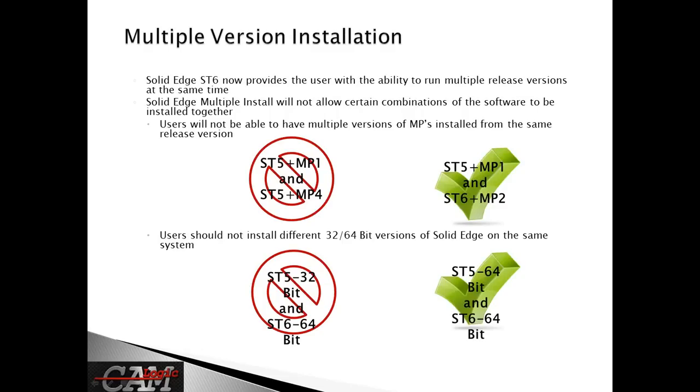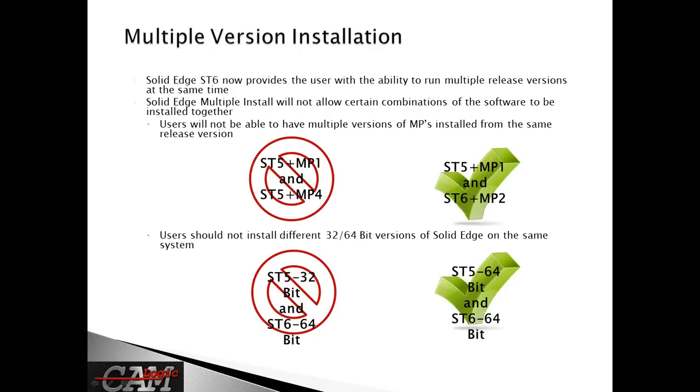Now we're talking about the ability. So again, real quick, I just want to point out, we haven't even looked at Solid Edge yet, and we already have all of these cool new capabilities and enhancements to help us with getting started and dealing with data from other CAD systems. Now we're talking about, hey, let's go ahead and install multiple versions of Solid Edge on our computer.